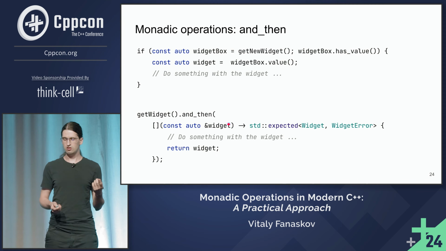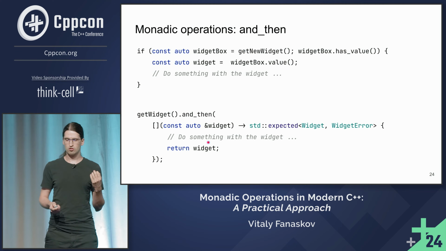And the main point here is that we do not have expected, we have the widget itself. And this function that you pass to and_then will be invoked only and only if the object returned from getValue contained the actual value, so not an error.